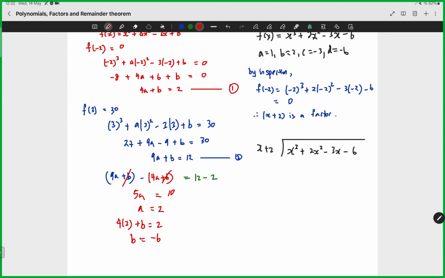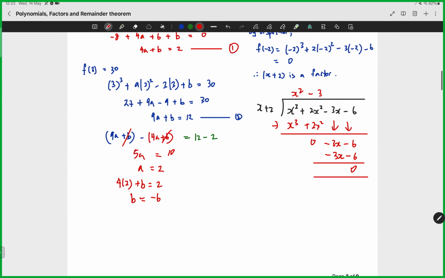You can do synthetic division if you know how to as well. So x squared times gives x cubed plus 2x squared, because that's a nice number. So minus of this whole thing will be 0. We'll bring down negative 3x and at the same time minus 6. So minus 3x minus 6, just nice, equals 0.